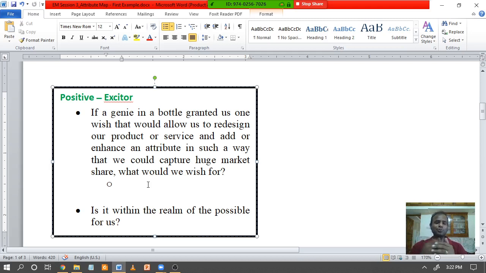For example, you start a 1 month study abroad program every year, 1 or 2 months where you study abroad. If suppose Karunya starts this program with no extra cost, because the cost will be taken from the fee itself, it creates a separate market segment.